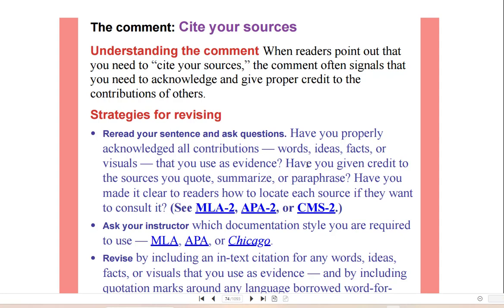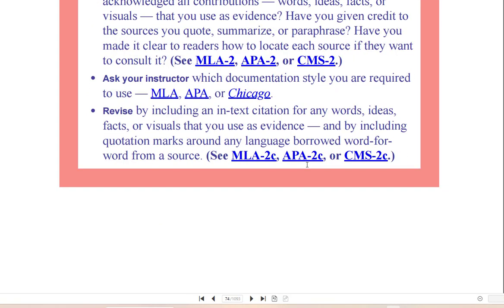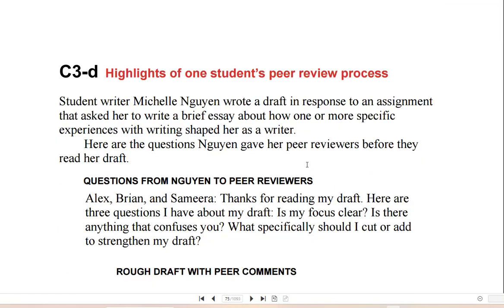Have you made it clear to readers how to locate each source if they want to consult it? Ask your instructor which documentation style you are required to use. Revise by including an in-text citation for any words, ideas, facts, or visuals that you use as evidence, and by including quotation marks around any language borrowed word for word from a source.